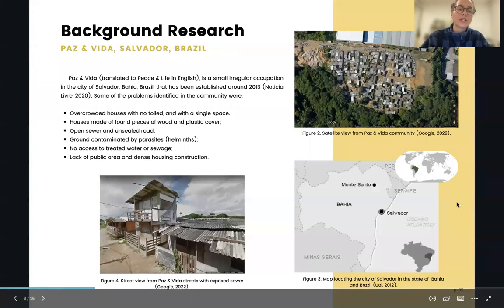As my background research, I've been focusing on a community called Paz e Vida, which can be translated to peace and life, that is situated in the city of Salvador, Bahia, Brazil, which is the city that I come from. The reason that I have been working with this community is that I have been to the community myself. So I do know that they have problems with overcrowded houses, no access to treated water, energy.